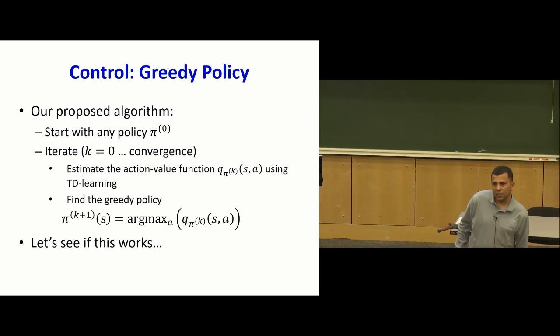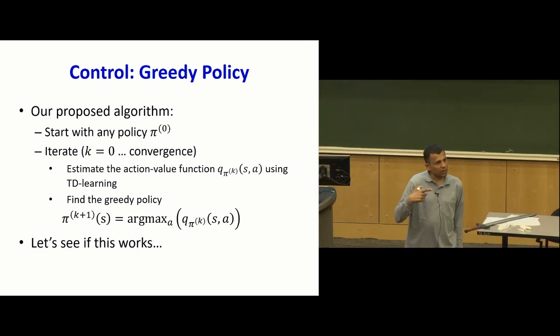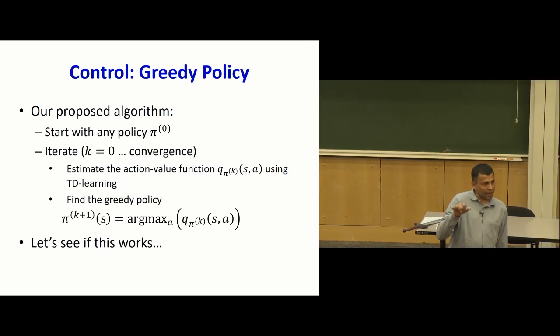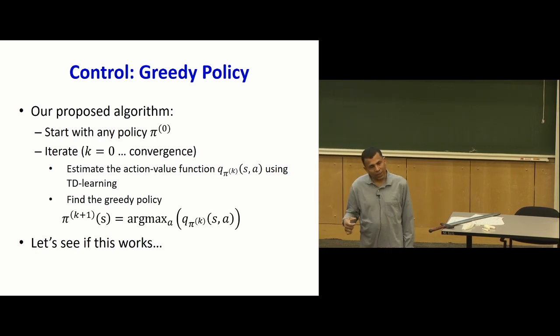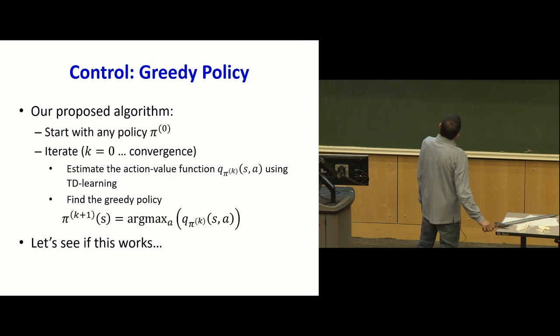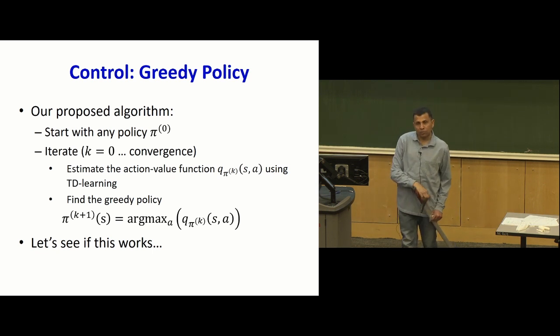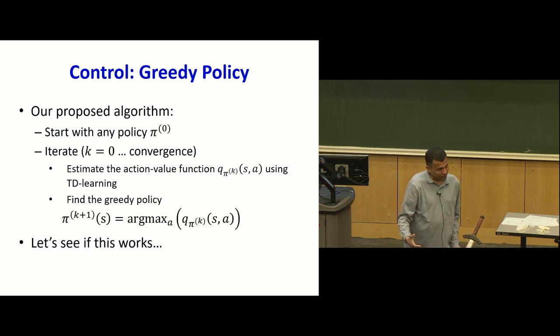Once you've gone through several episodes, you can use the simple TD learning procedure that we just saw to estimate the values for all the state action pairs. Then once you've estimated these values, you can go back and find the optimal policy by saying, at each state, I'm going to pick the action which resulted in the largest value.